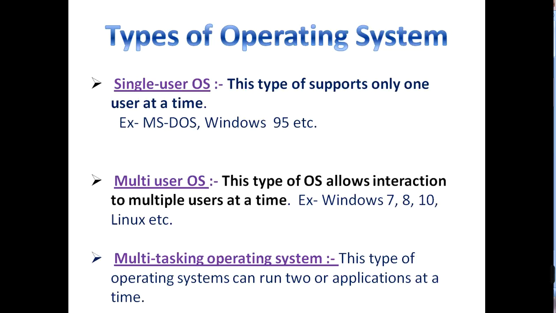At the same time, you can also search any data from Google by using your any web browser software like Chrome. So you can see in this example, you can use Google Chrome, MS Word, and Windows Media Player simultaneously. So this is a type of multitasking operating system.